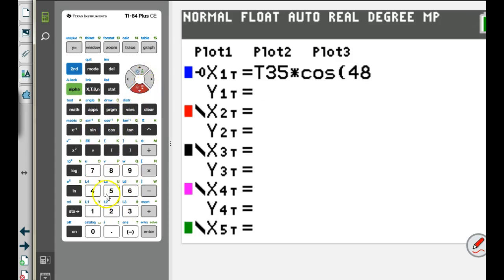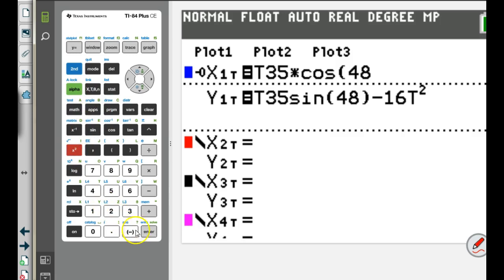And then we had the same thing, T 35 sine of 48. There we do need to close the parenthesis because we're putting more stuff behind it. Negative 16t squared, or minus 16t squared. Don't do a negative or it'll multiply. Plus 2.